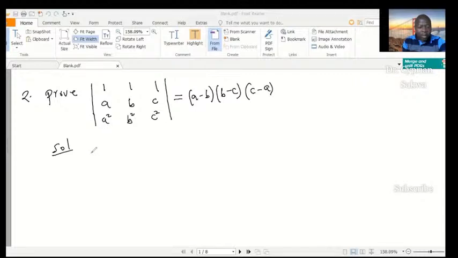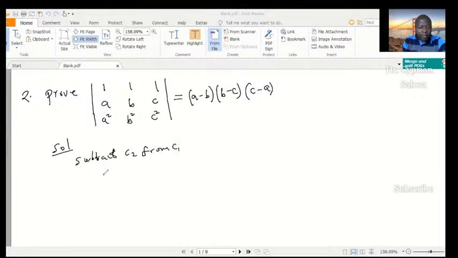So my first thing I will do is I'll subtract, no, not row 2, column 2. Subtract column 2 from column 1.